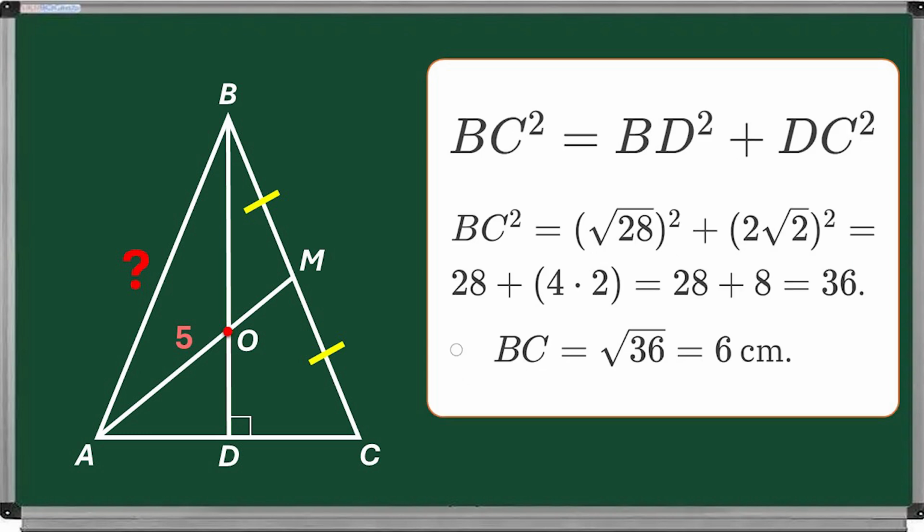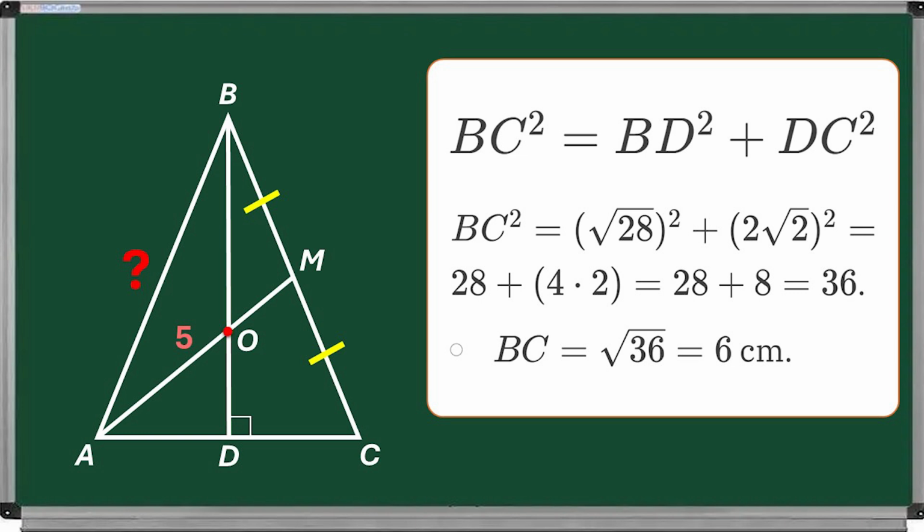Finally, we can find the length of the lateral side BC. This is the main goal of our problem. We will look at the right triangle BDC. We know the lengths of the two legs. The altitude BD is the square root of 28, and the base segment DC is equal to AD, which is 2 square roots of 2. Using the Pythagorean theorem, the square of the hypotenuse, BC, is the sum of the squares of the other two sides.